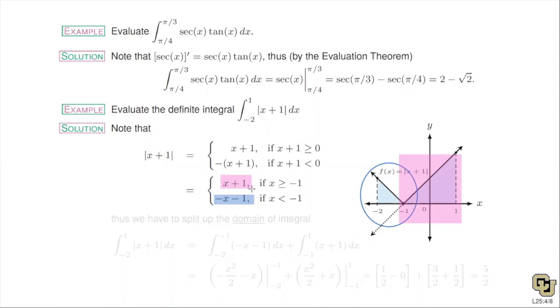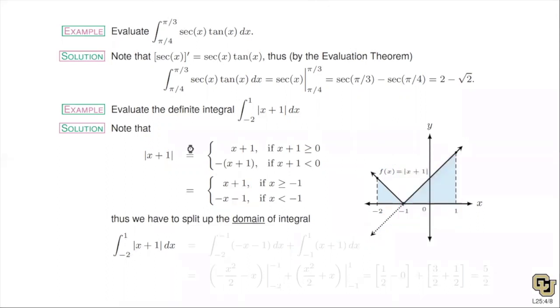What that means is I have to break up the domain of the integral. This integral that's going from -2 to 1, I need to break that up. I need to go from -2 to -1, which is this section, and I'm going to integrate this function in that section.